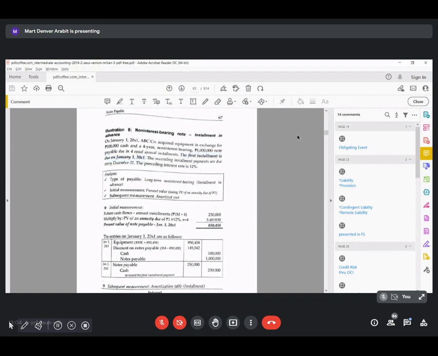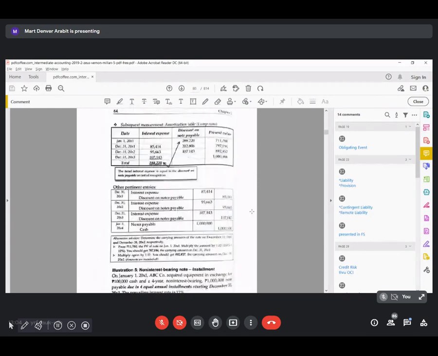So the same day na nag-execute kayo ng notes payable or nagkaroon kayo ng transaction which involves notes payable, nakatanggap ka na rin ng unang payment. So this is a different computation naman. Diba? Instead na present value ng ordinary annuity, yung kukumpute natin, we will now compute on present value of annuity due. Okay, so yun yung difference niya.